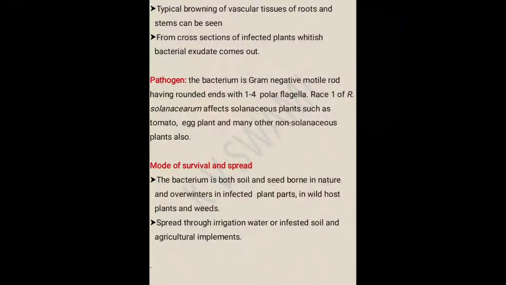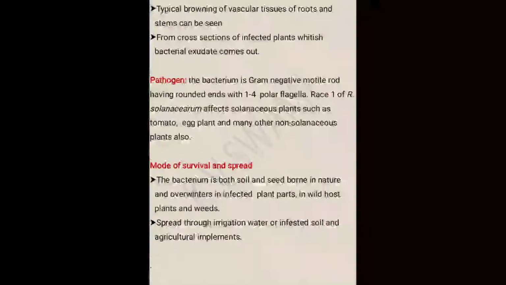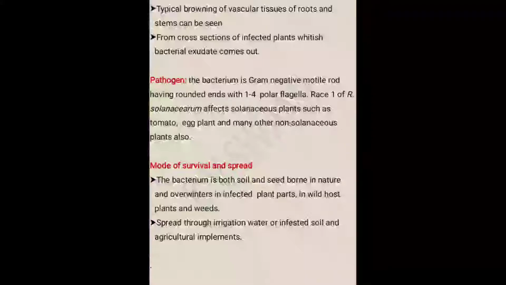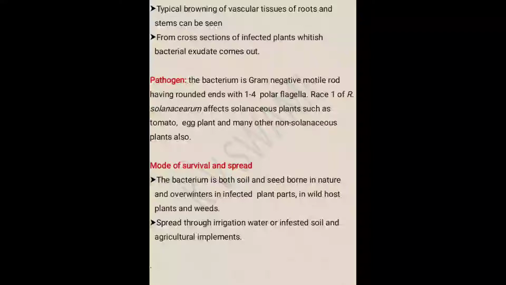We know the role of flagella, and there is different flagellar arrangement in case of bacteria. Race 1 of R. solanacearum affects solanaceous plants such as tomato, eggplant, and many other non-solanaceous plants also.